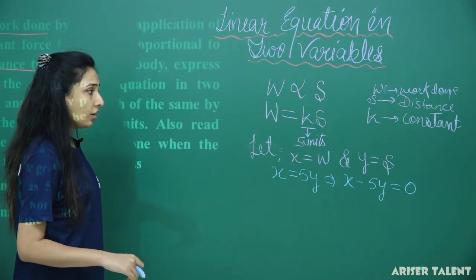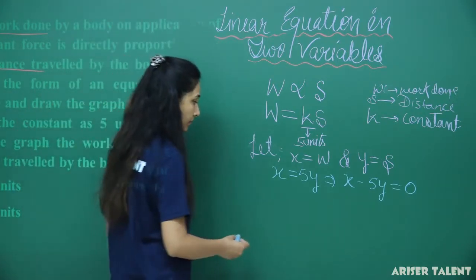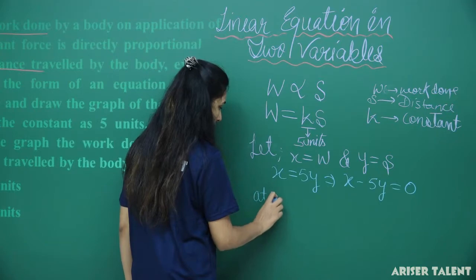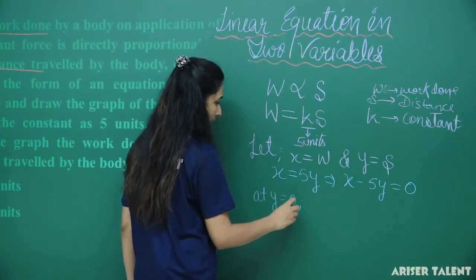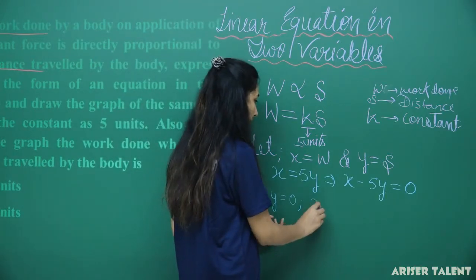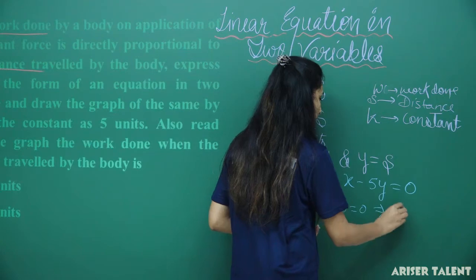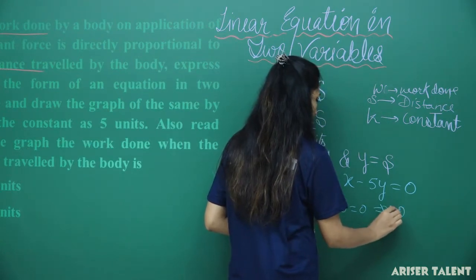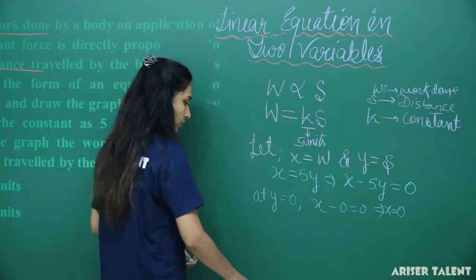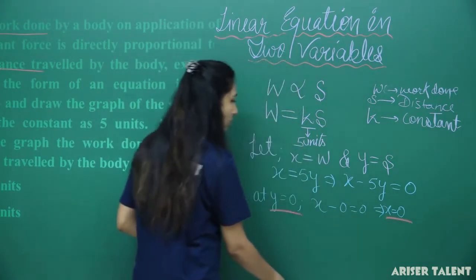Now, if I put y equals 0, at y equals 0, x equals 0. Okay. So at y equals 0, x is also 0.